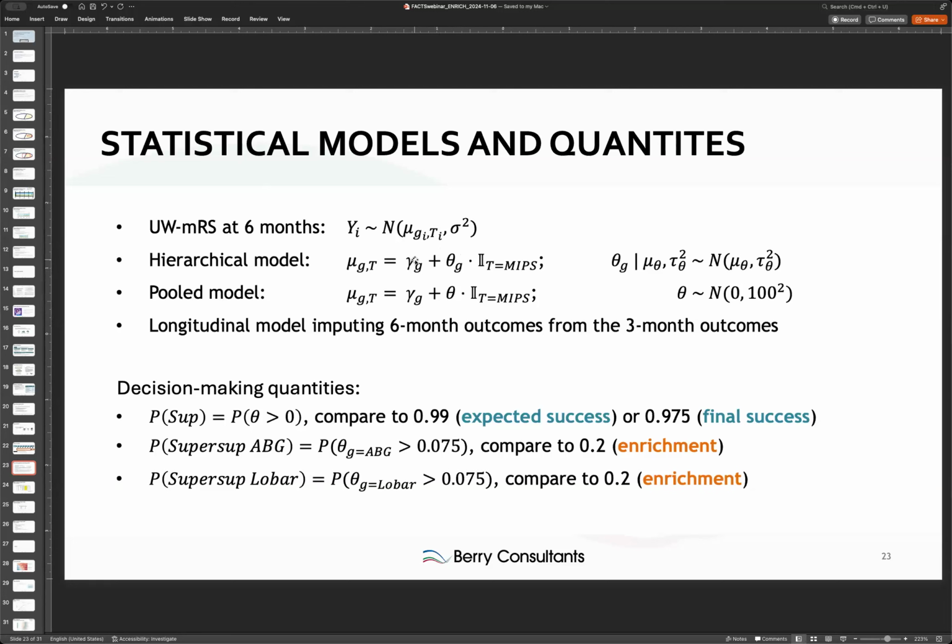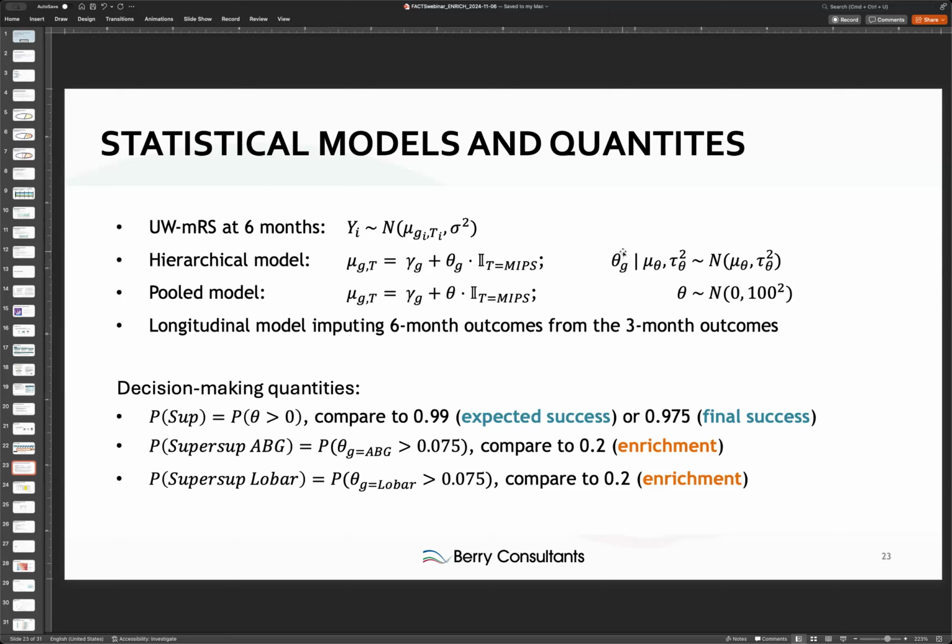The structure of this model is so that we get a control estimation for each subgroup, gamma G, and a treatment effect estimate for each location, theta G. We're going to let that theta G follow a hierarchical prior structure with a mean and a tau. Tau is going to control the amount of borrowing between the locations. So it's going to control how similar or dissimilar the theta Gs are.